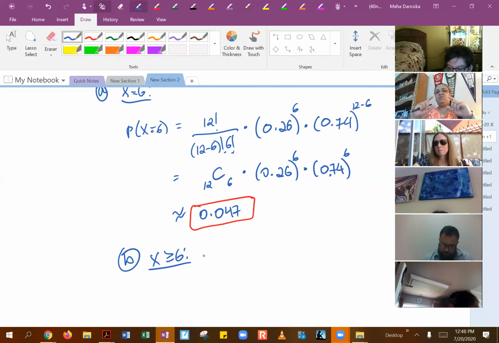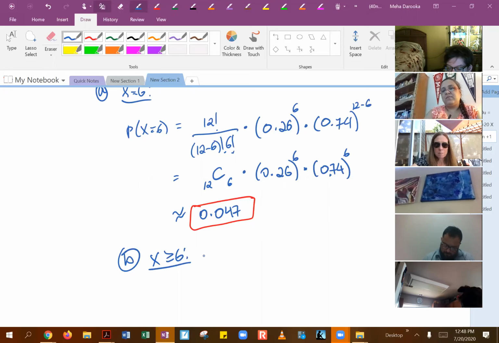So you can do the binomial formula for each one of these numbers, or you can use the idea of a complement. So that's where you would do probability of 0, 1, 2, 3, 4, 5, and then subtract that total from 1. So why don't some of you try the direct route of going 6, 7, 8, 9, 10, 11, 12, and some of you try going 1 minus probability of 0, 1, 2, 3, 4, 5, so you can compare and see if you're going to get the same answer or not.